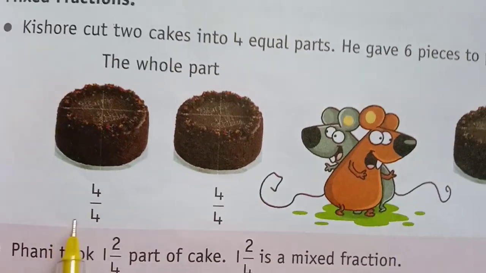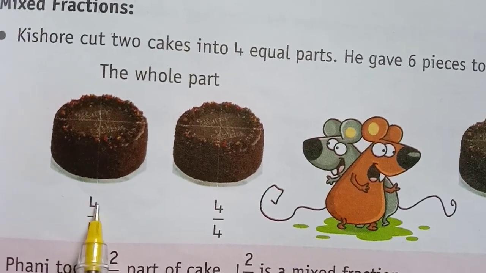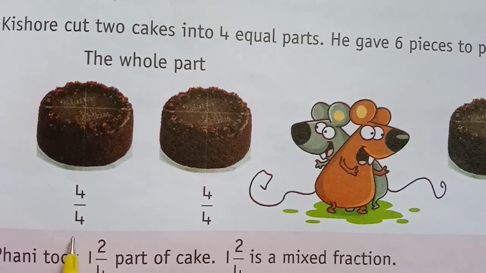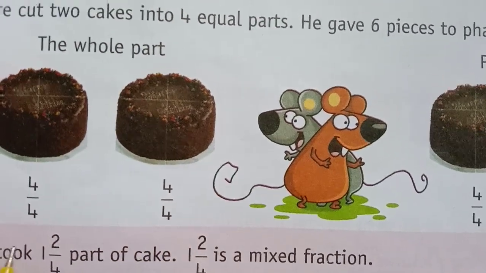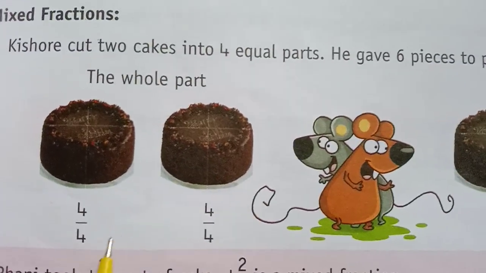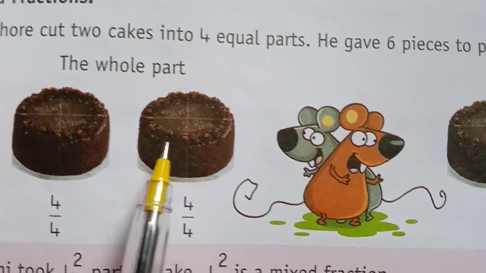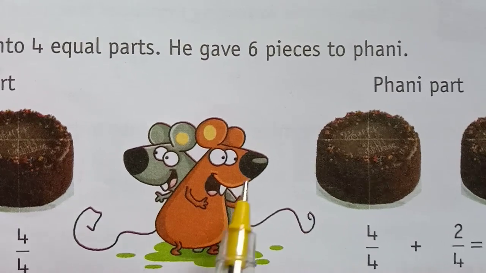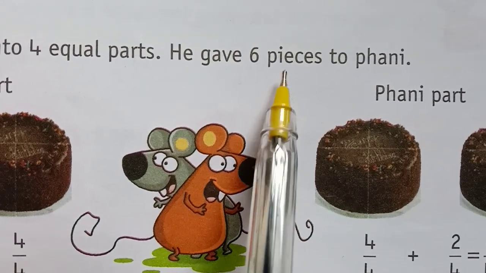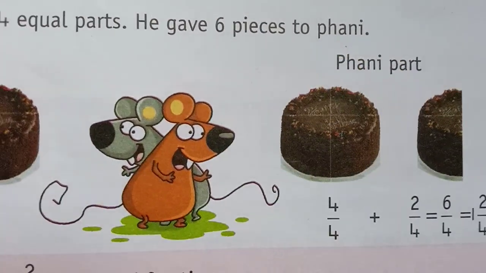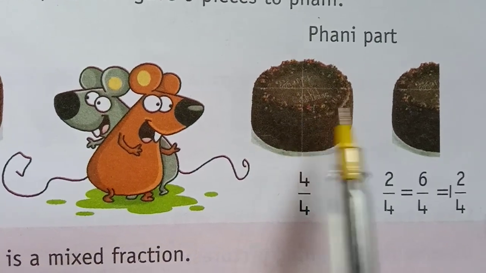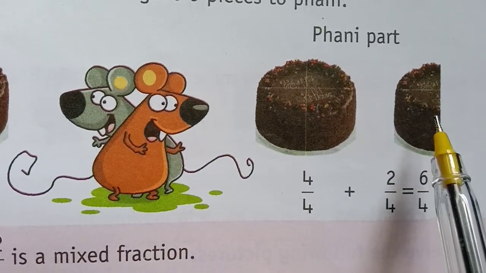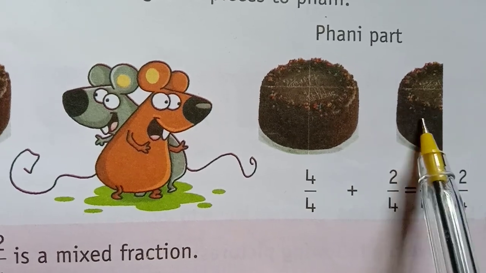And then, how can we write 4 by 4? 4 by 4. Now, after making 2 cakes into 4 equal parts, he wants to give 6 pieces to Funny. That means one full cake and half of the remaining cake, the second cake.